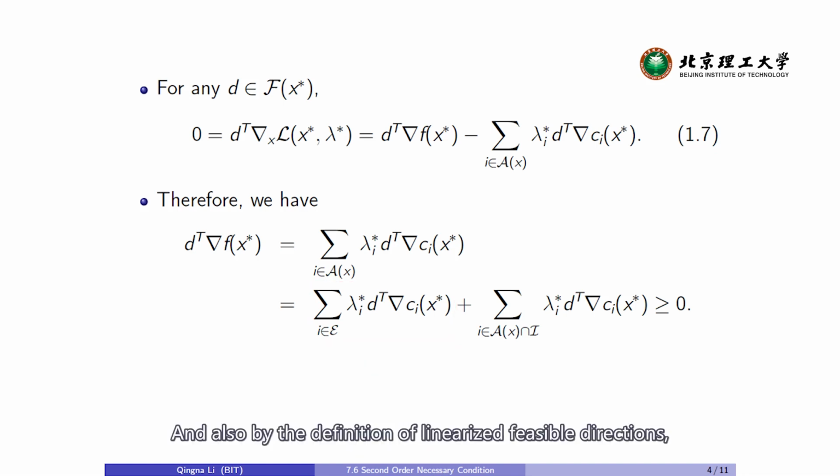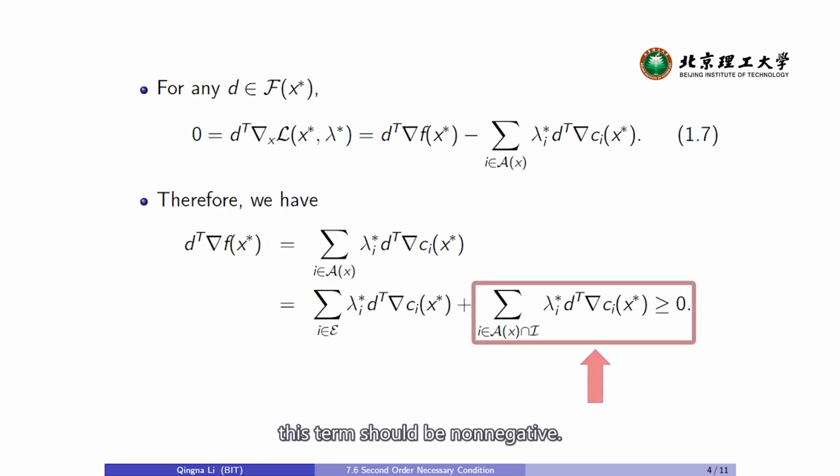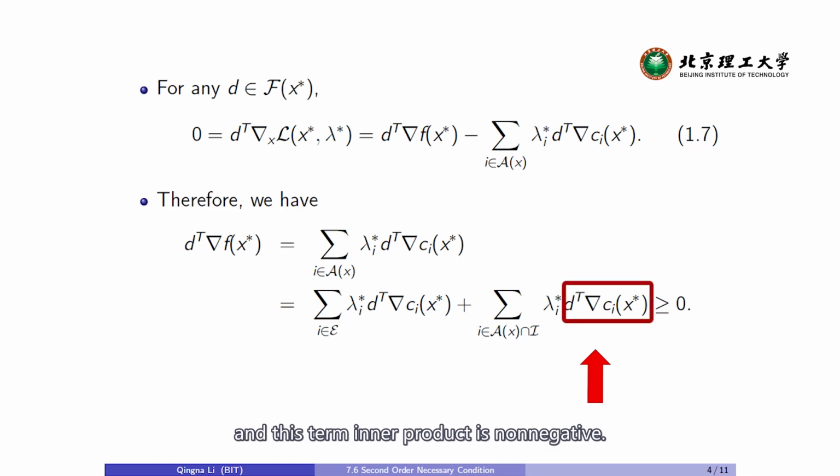Also, by the definition, this second term should be non-negative, because lambda i is non-negative and the inner product is non-negative.